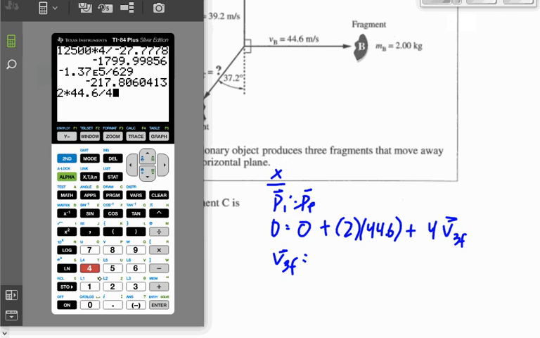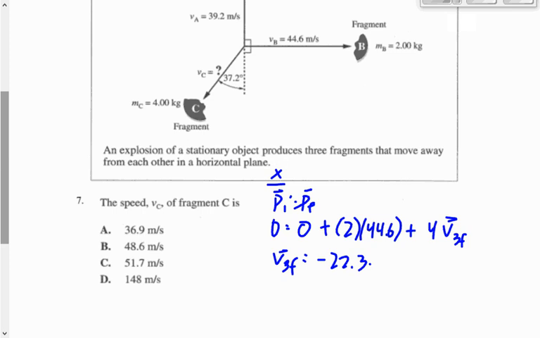V3F works out to be negative 22.3. And if you want, you can take this shortcut. The x component is 22.3. This angle is 37.2 degrees. Sine 37 is equal to 22 over V, solve for V. That works just fine.